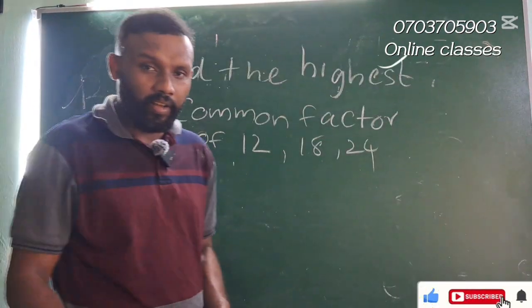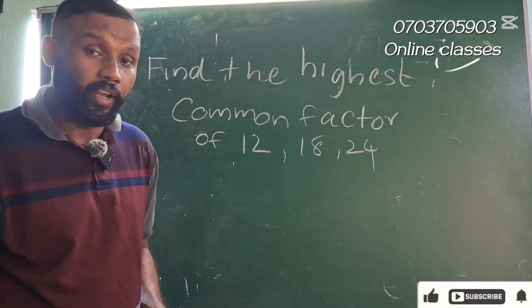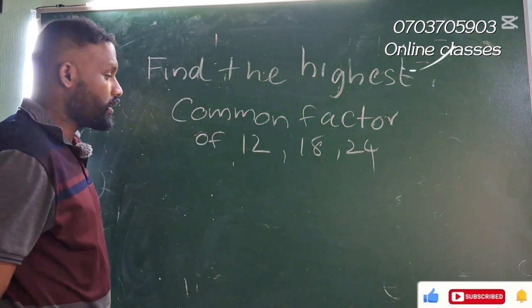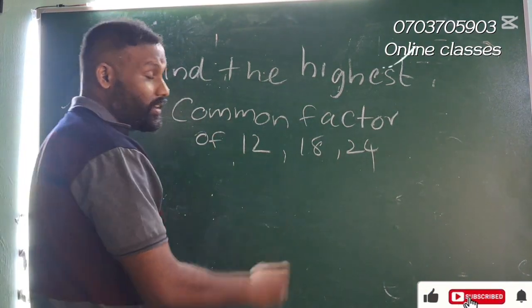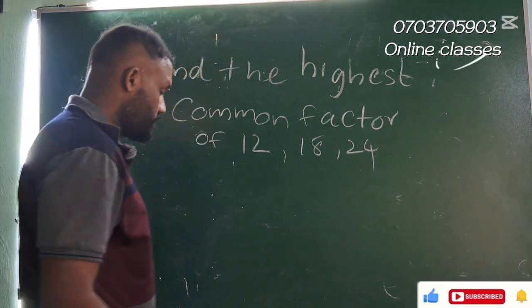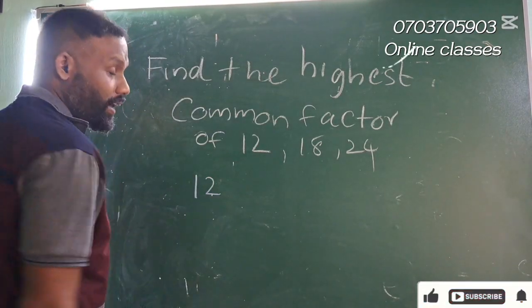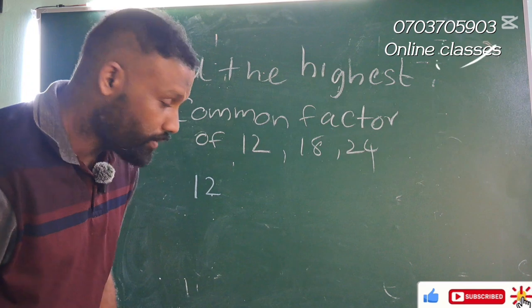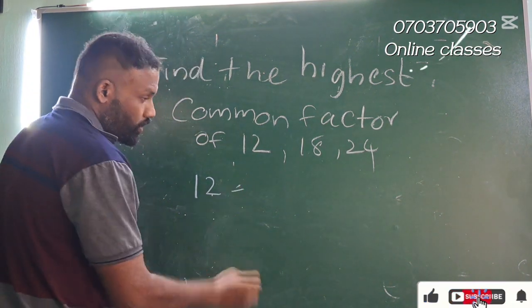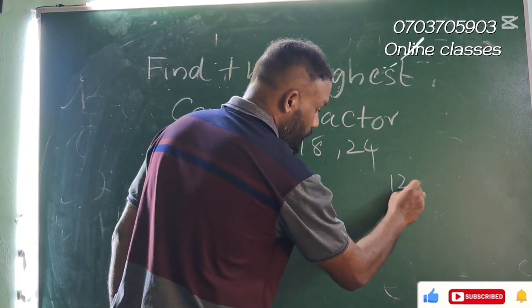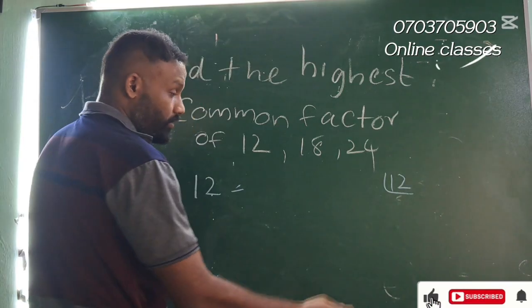Next question. Now we are going to find the highest common factor of 12, 18 and 24. Look at this one. 12 we can write as a product of prime numbers. How? We can divide 12 by 2, the first prime number.